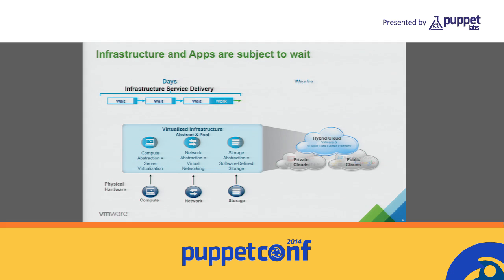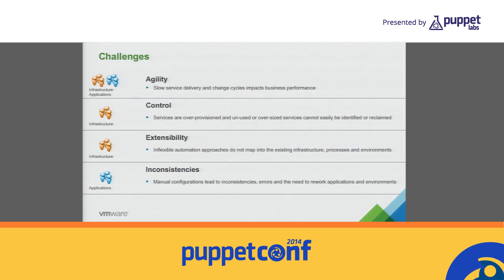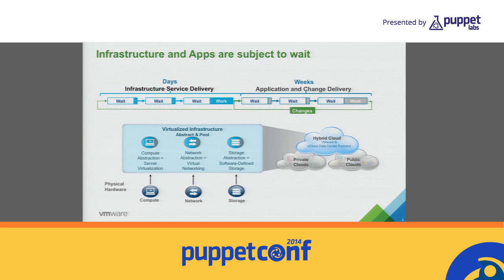Anybody can deploy virtual machines quickly nowadays, but what about application configuration? What about middleware configuration? With our customers, a lot of the time we see the challenge is there. I can provision VMs quickly, but the application and middleware configuration takes a lot of time, and my business users, the consumers, are not really happy about it.